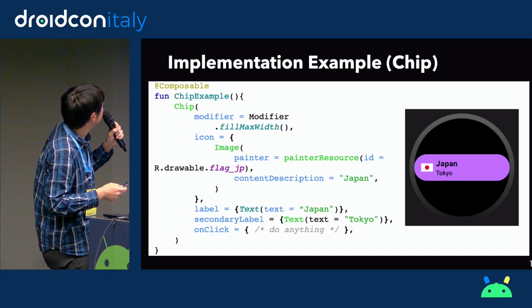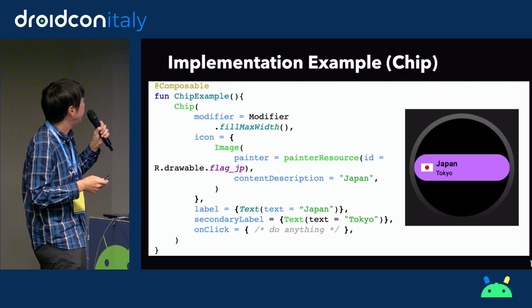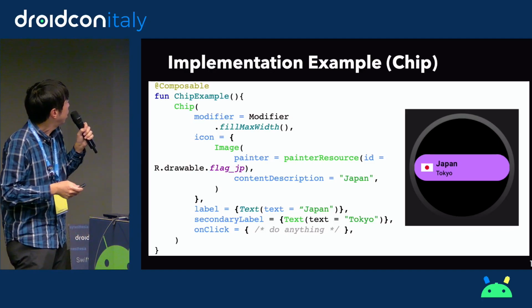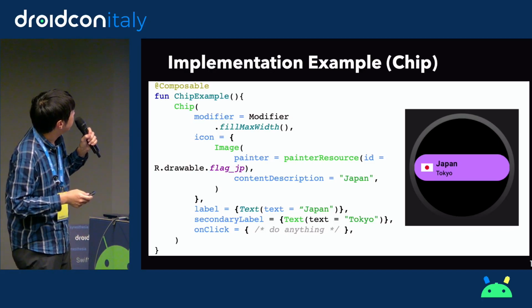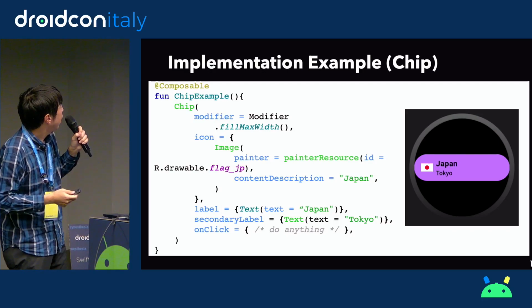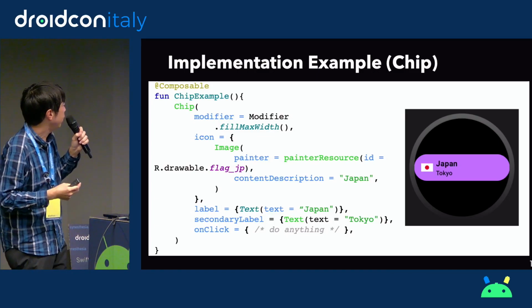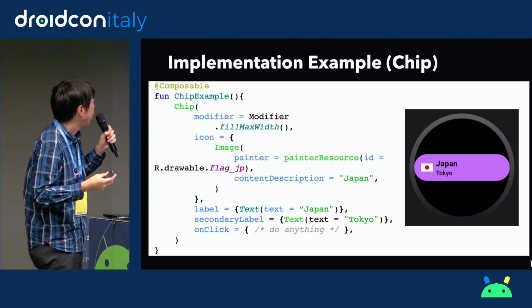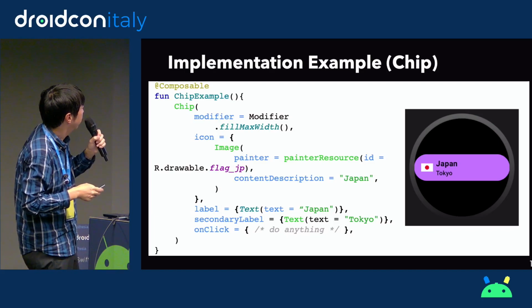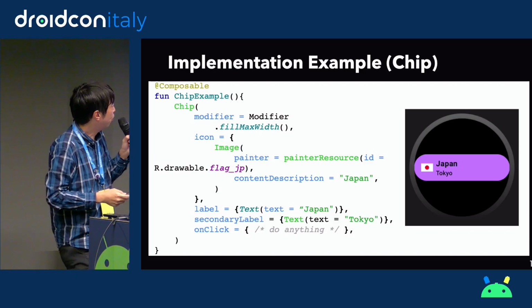Defining a composable annotation and calling a Chip component, it includes two properties, a modifier and an icon. And the icon is like this. The Chip component can include two texts, primary text and secondary text, like this, Japan, Tokyo, and an on-click event. Okay, like this, we can implement this composable.